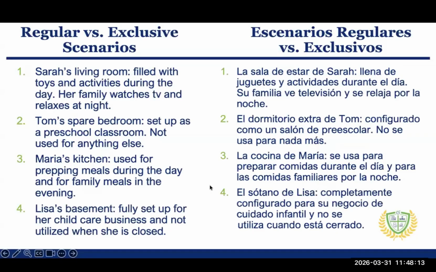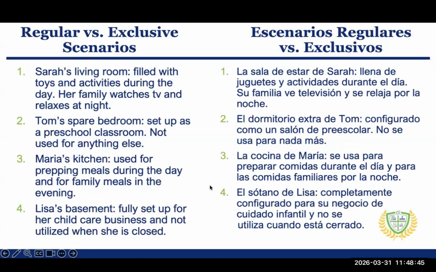So let's look at some scenarios just to finish defining regular and exclusive use spaces, and to illustrate the difference a little better. Scenario number one, Sarah's living room. During the day, it's filled with toys and activities for children. In the evening, Sarah's family uses it to relax and watch TV.